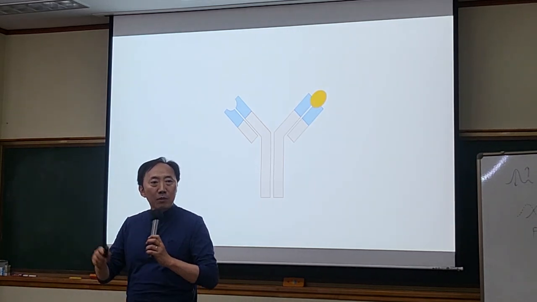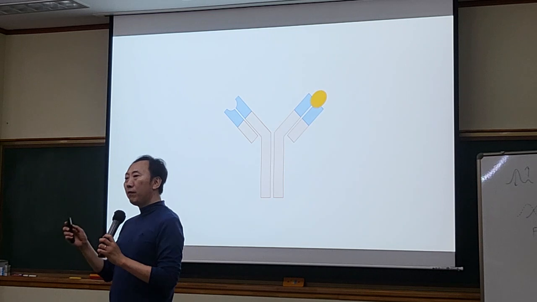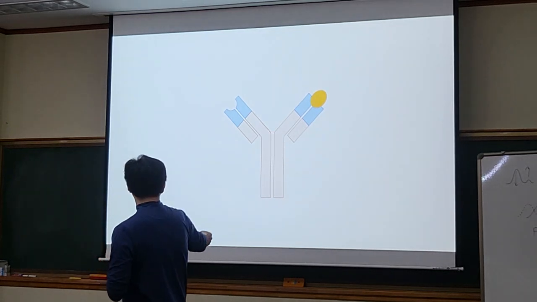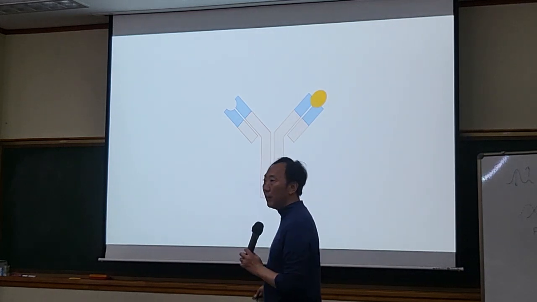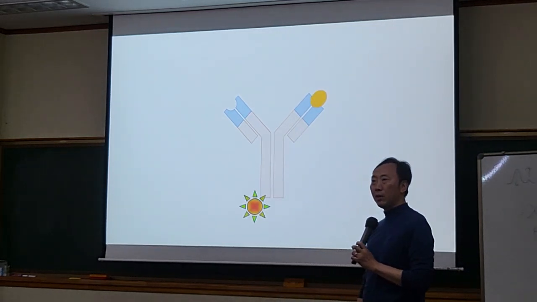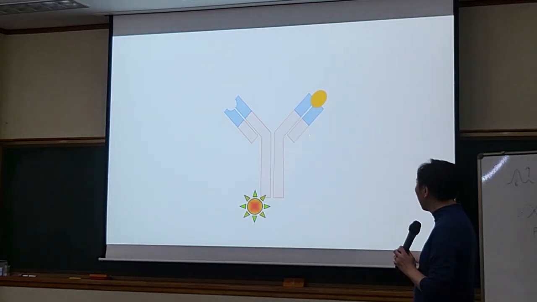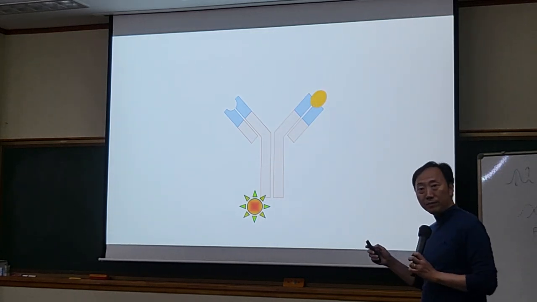Right? Utilizing hybridoma cells and then amplifying, this is binding to this antigen biomarker, and this is the antibody, and you label that antibody with the fluorescence. And here, this is a probe, and this is the biomarker.